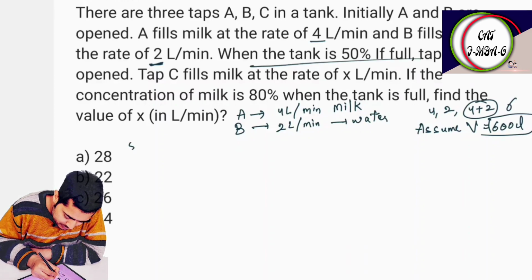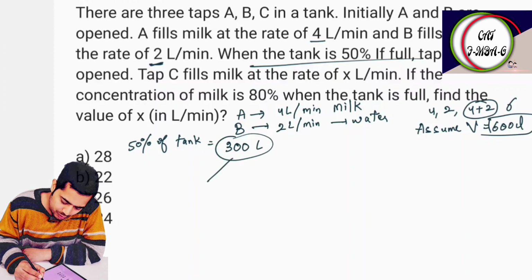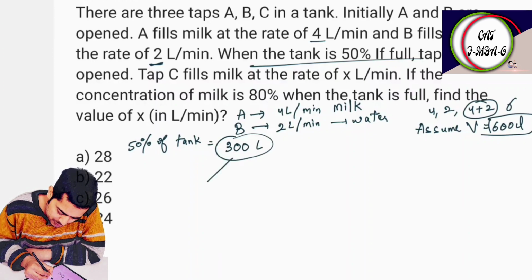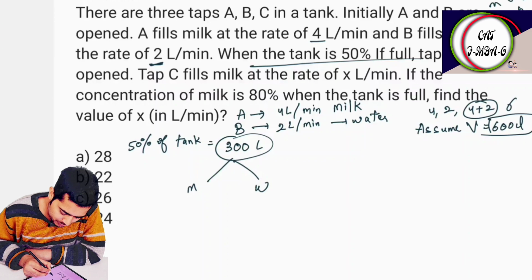So 50% of tank is equal to 300 liters. When it is full, how much A would have filled, how much milk is there, how much water is there? I told you that concept, right? V, A, B, milk, water. So what is the amount of milk in it? Ratio of filling of milk.